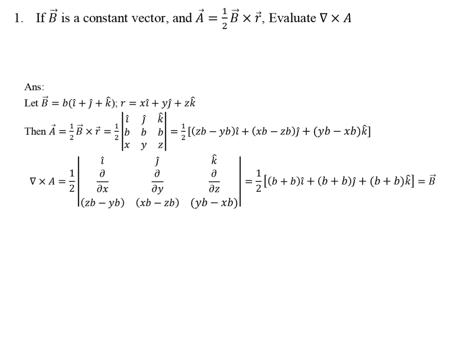Finding del cross A, we get the determinant of i j k, dou by dou x, dou by dou y, dou by dou z, x component of A, y component of A and z component of A. Substituting the values, we get the answer as del cross A is equal to B.